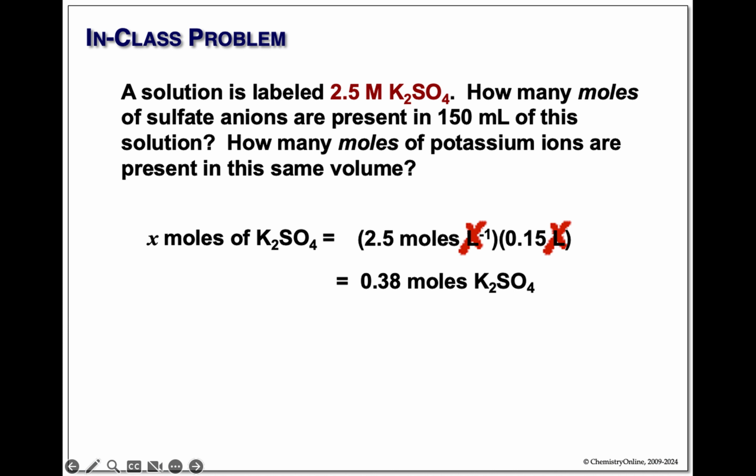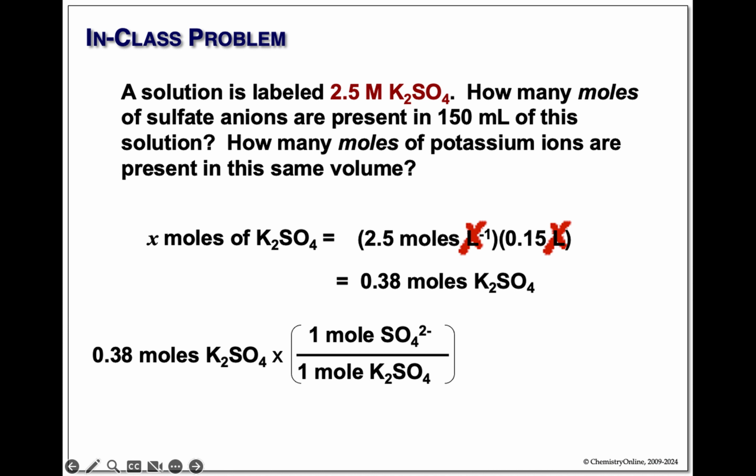So, this is our given, and we have a mole ratio. There is 1 sulfate in every potassium sulfate. Multiply that by our given. Moles of potassium sulfate cancel. We get 0.38 moles of sulfate.